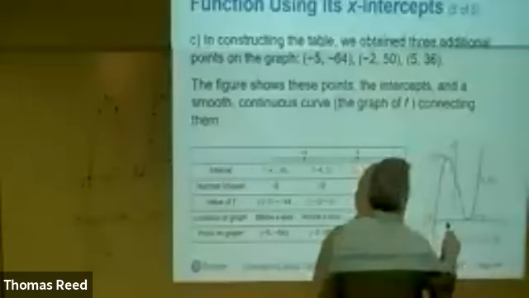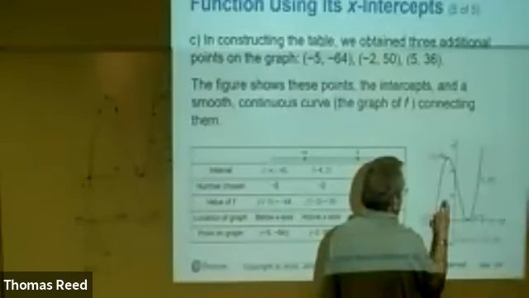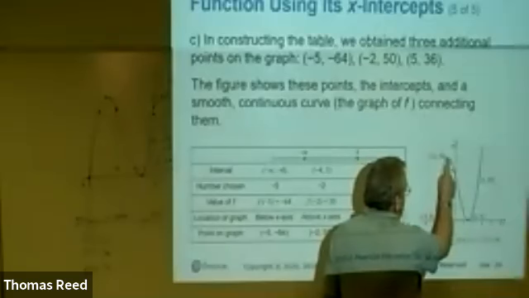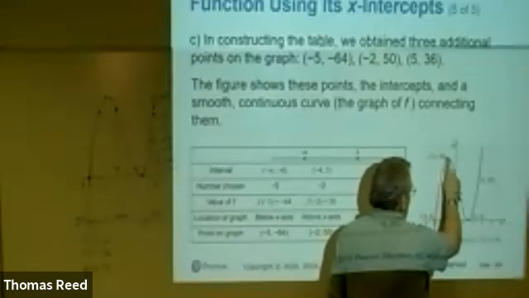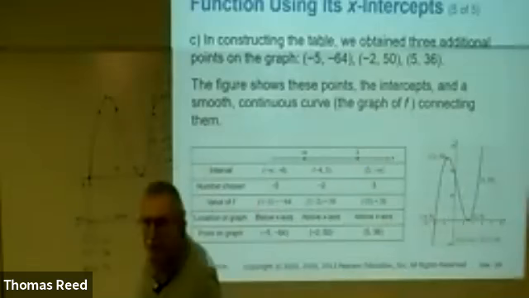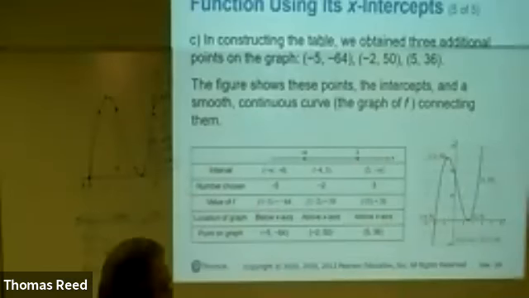I know at -1, it took us up to 48. That means the local maximum is going to be just to the right of this point. So that local maximum there is going to be around 51, 52.